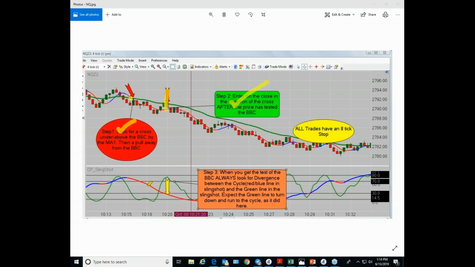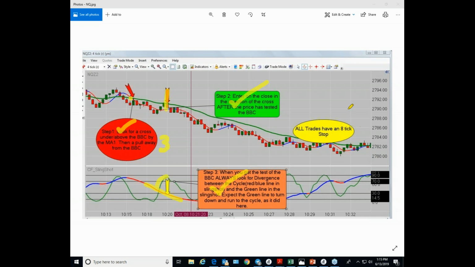Step two, the cycle is red. We have three active ingredients that say the highest probability is in play here. The green line is pulling away along with this normal price action. Step three is in play.